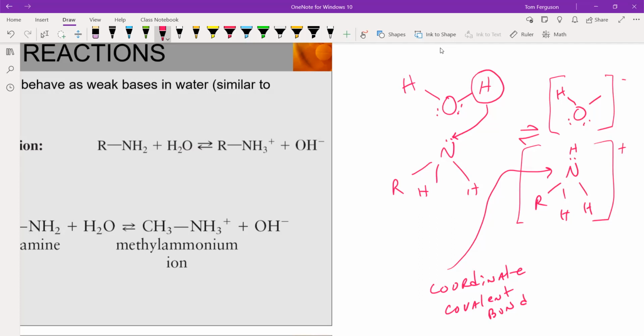So to achieve its full shell, it bonds with the electron pair on the nitrogen. And that's called a coordinate covalent bond.